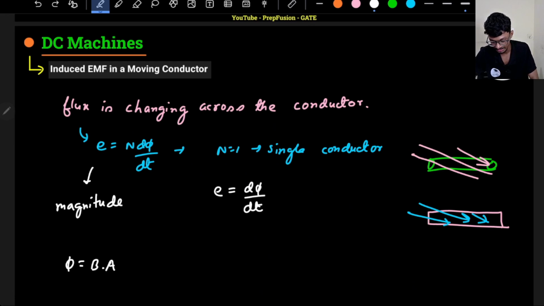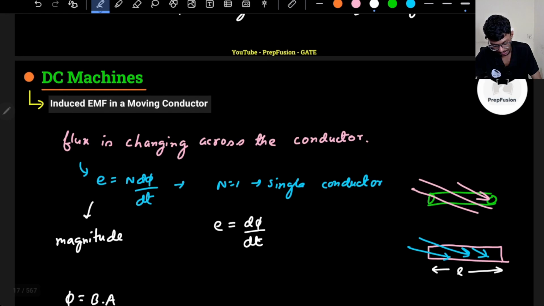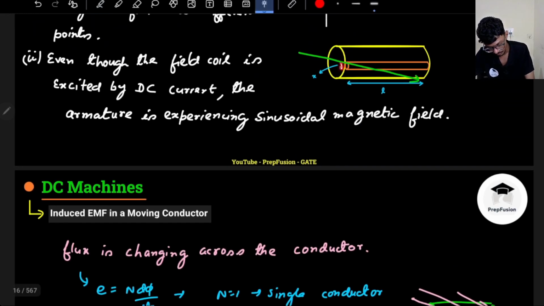The area is this length and this height, small delta x, because I just want to calculate the EMF induced in a very small portion of the armature, not the whole portion.